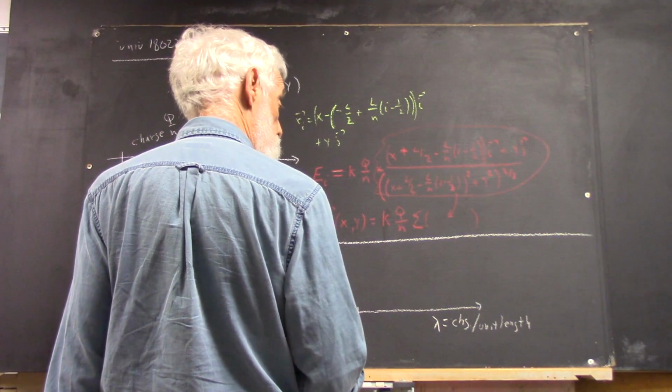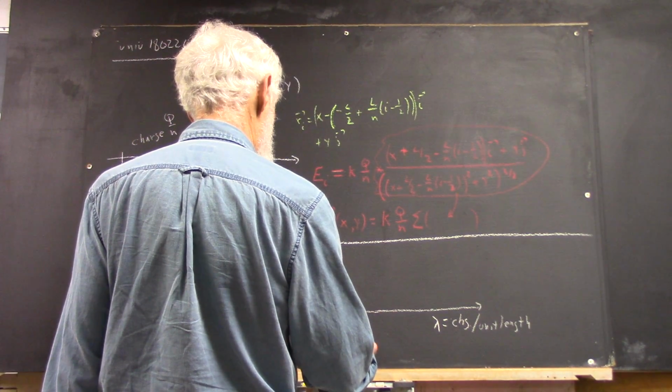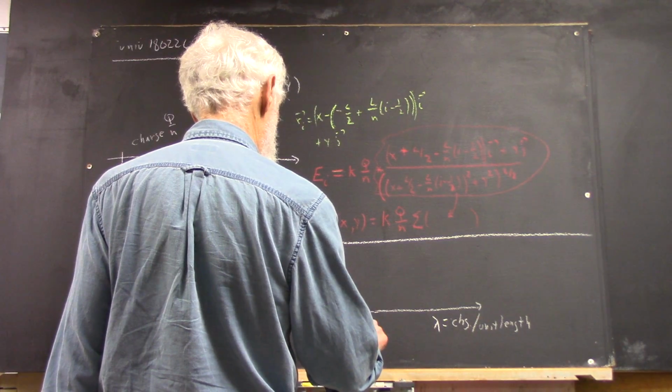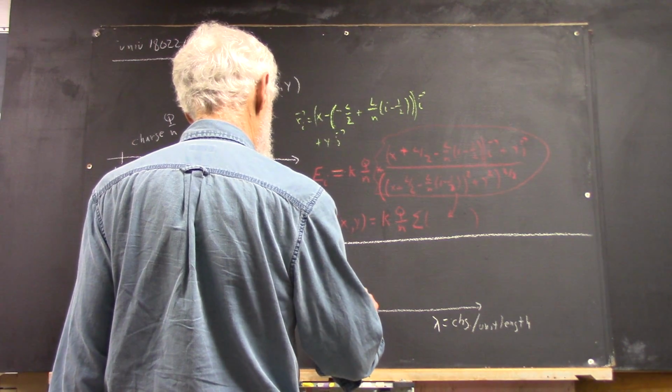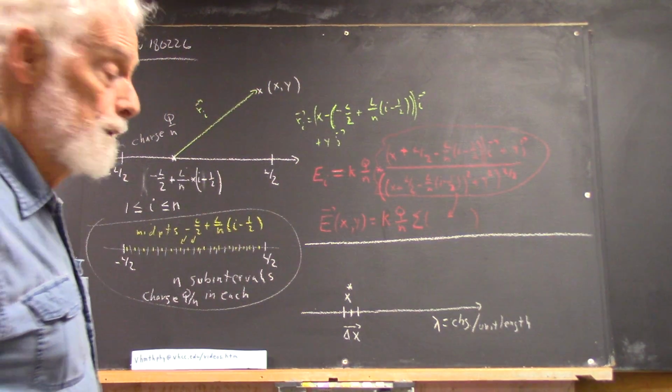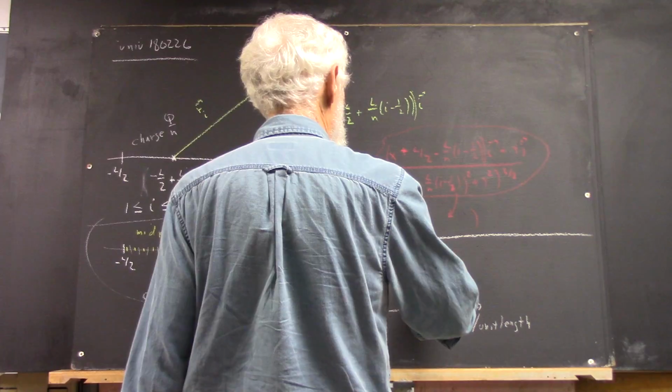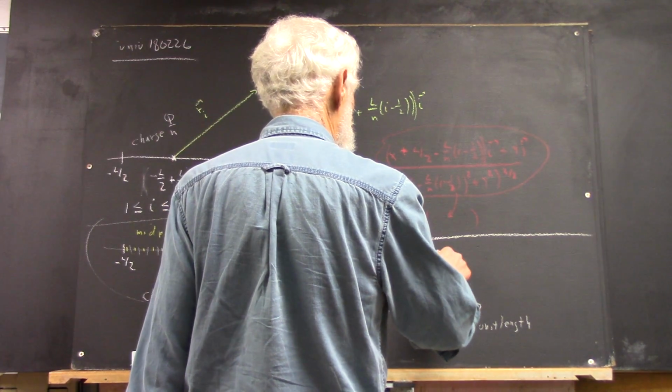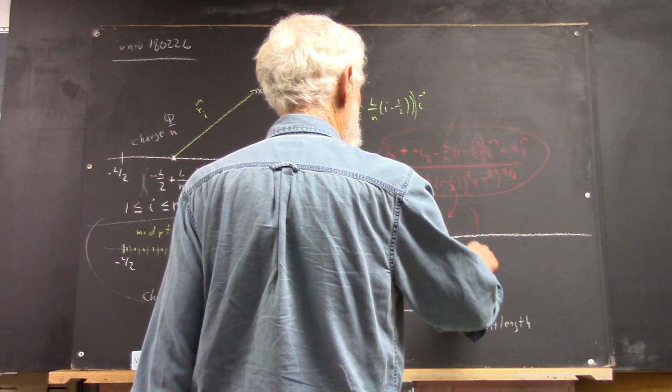And we're going to take a typical increment delta x with an x star. And we're going to write out the contribution to the electric field at the point x, y.